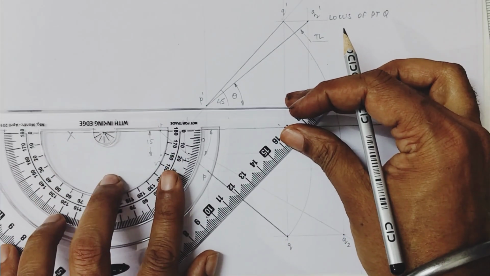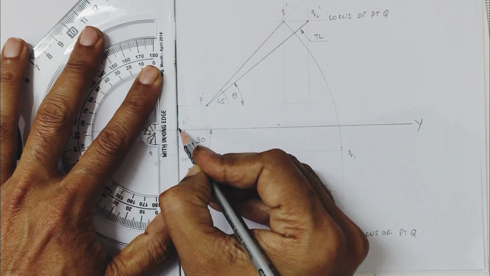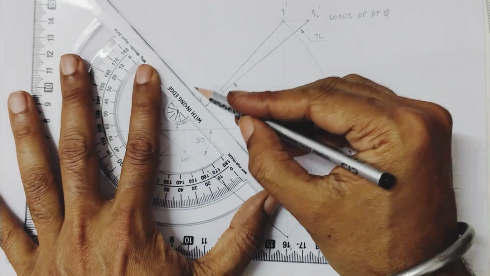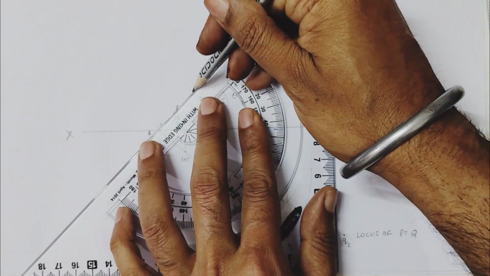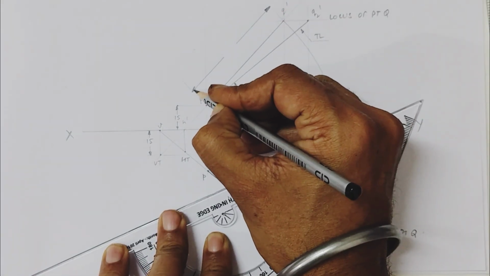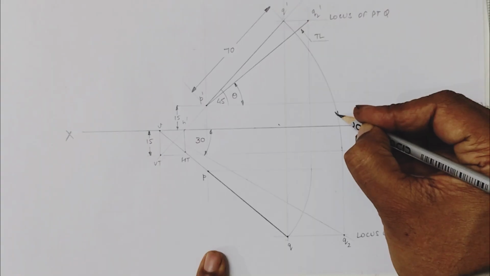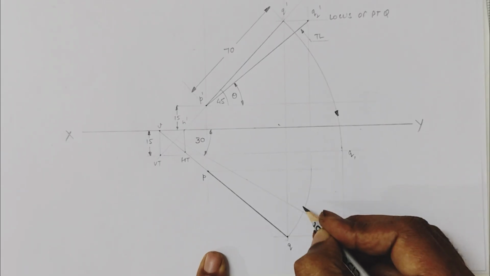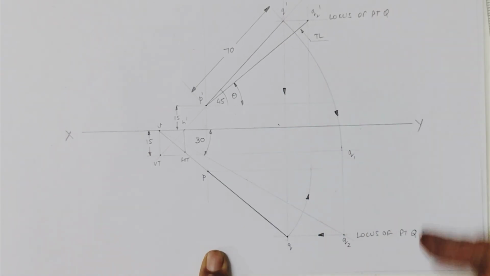Similarly, this is also given as 15. So mark the direction of movement of projection with arrows.